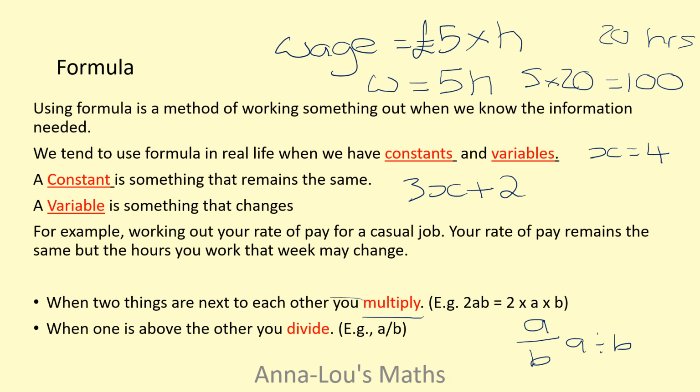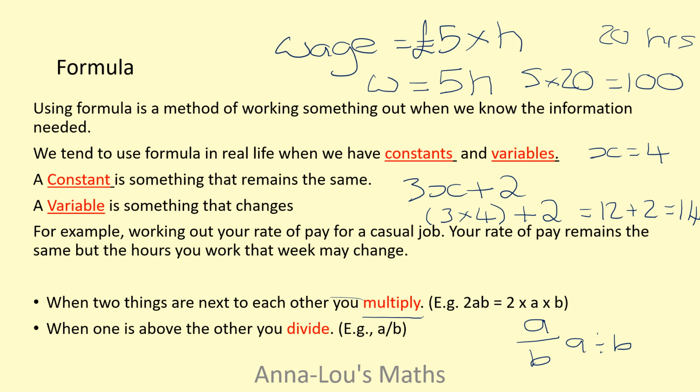Now you know that when things are next to each other, it means to multiply, and you know that x is 4. So all this is saying, I'm going to pop some brackets in here so it doesn't get mixed up, is it's 3 times 4 plus your 2. So 3 times 4 is 12, 12 plus 2 is 14.